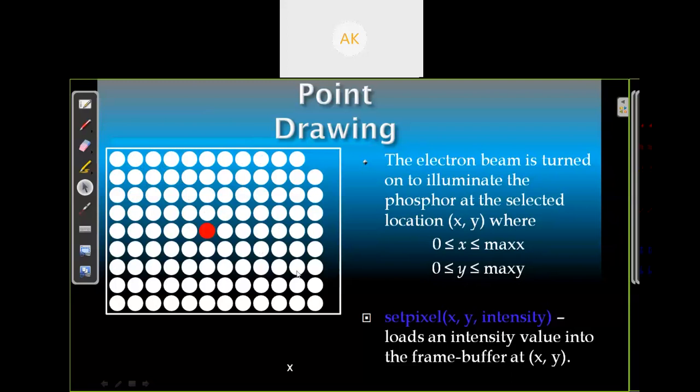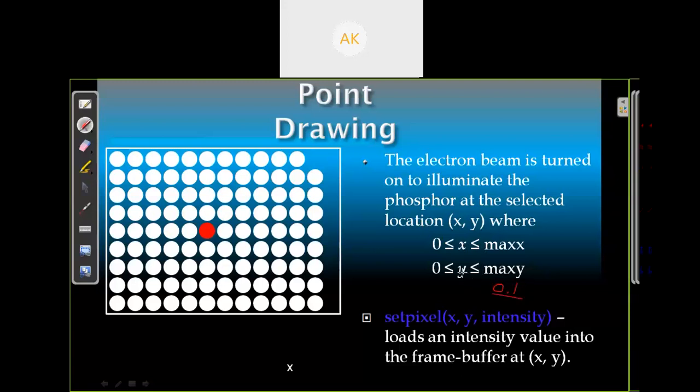How can we set points on the screen? Using the function setPixel: the location of your pixel x and y, and the intensity value of your pixel. If it is a black and white screen, then the intensity value will be on or off. For off, the intensity will be 0, and for on, meaning white, the intensity will be 1.